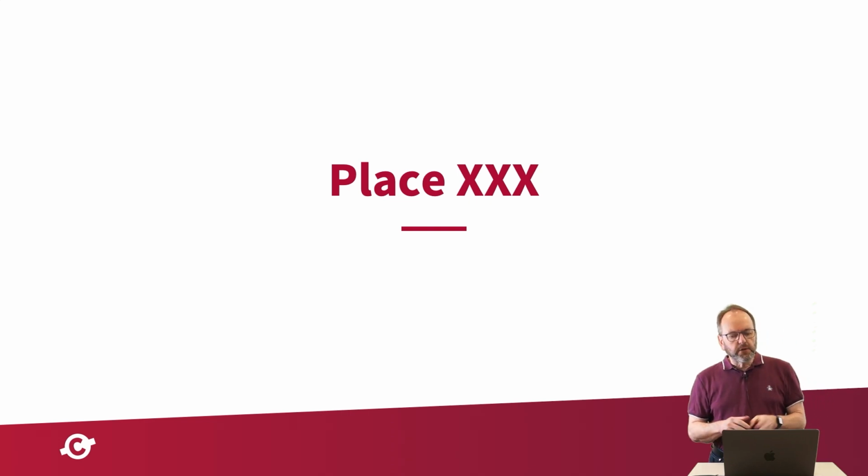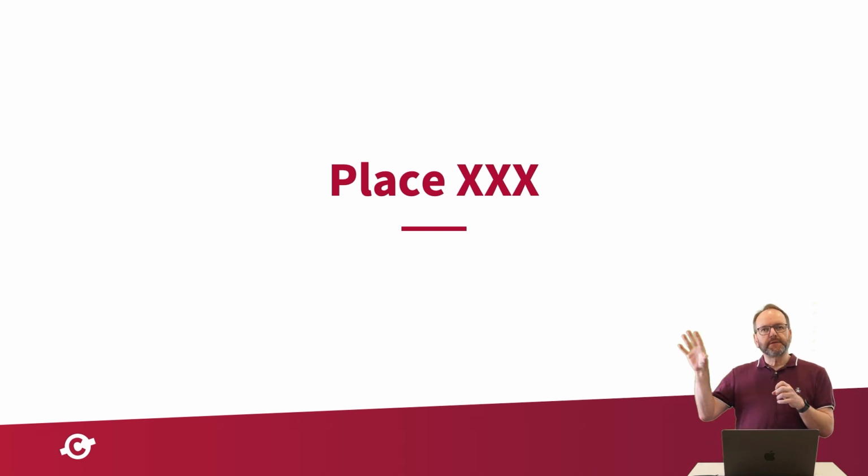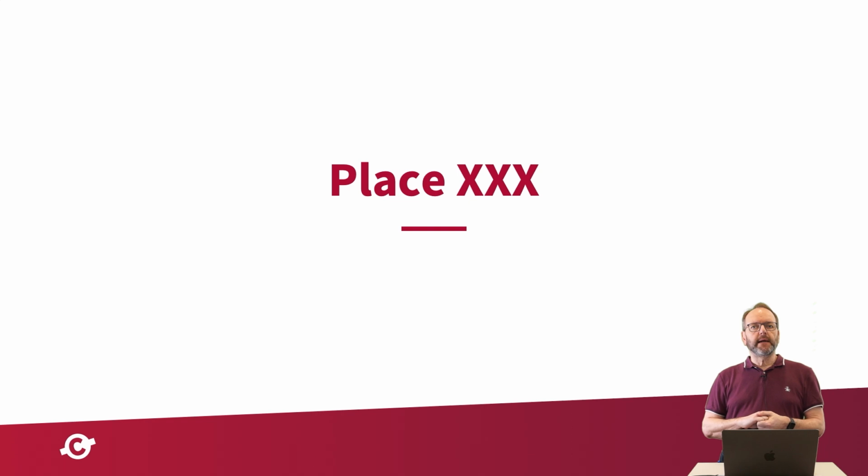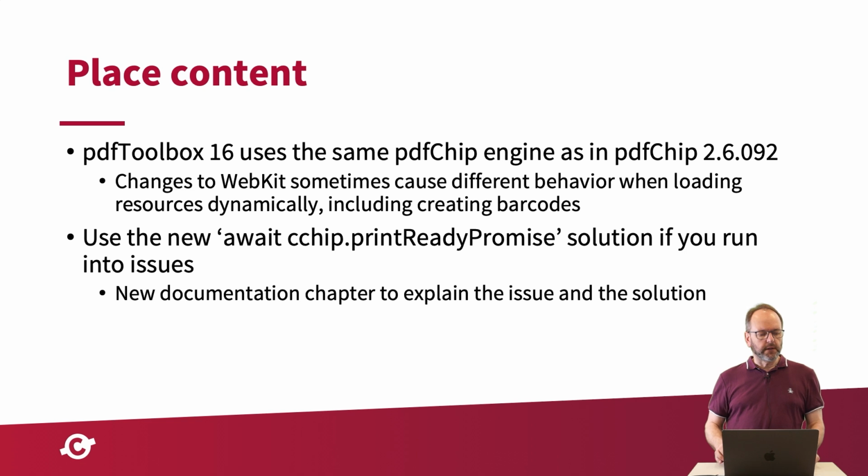Okay, so place barcode is one of the place something fix-ups, and there's a lot more of them in pdfToolbox, and I have a whole bunch of additional smaller and bigger features in that area. So let's take a look at that.